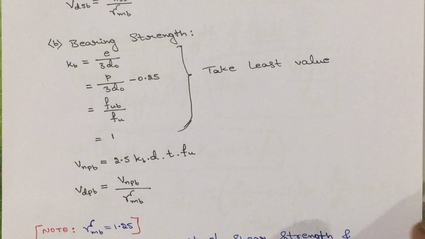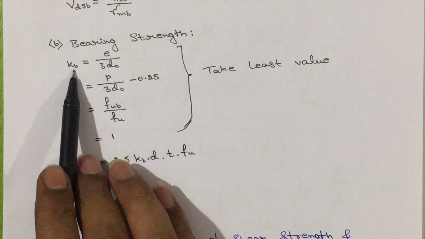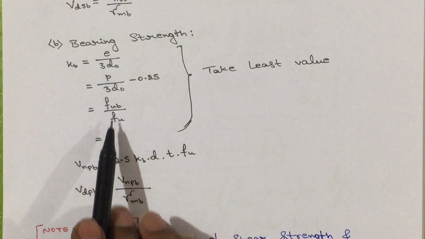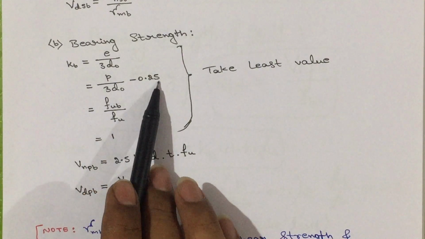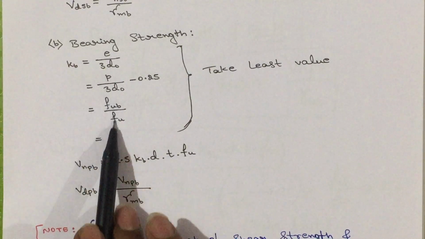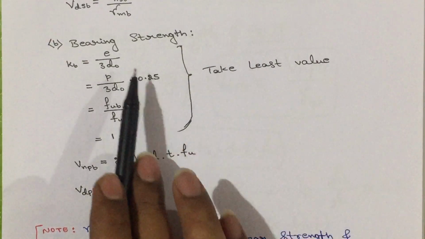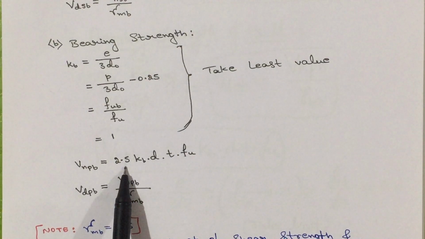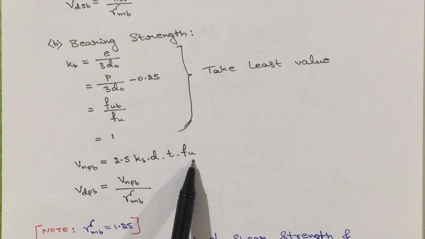Then second step, bearing strength. First we need to calculate Kb. Kb is given by e by 3d naught, or p by 3d naught minus 0.25, or fub by fu, or 1. We need to calculate all four things and take the least value out of these four. Then Vnpb is given by 2.5 into Kb into d into t into fu.